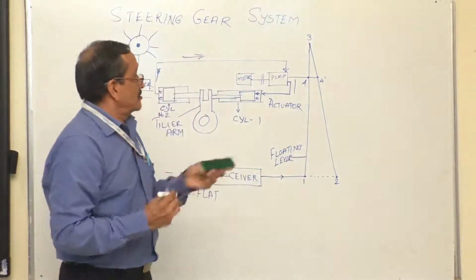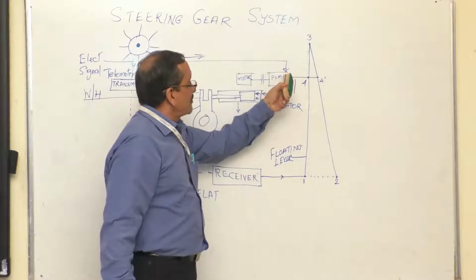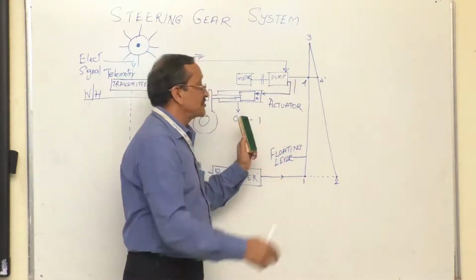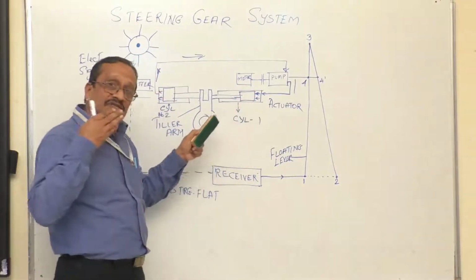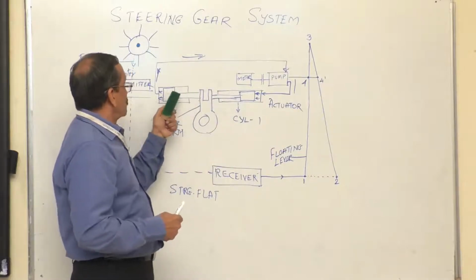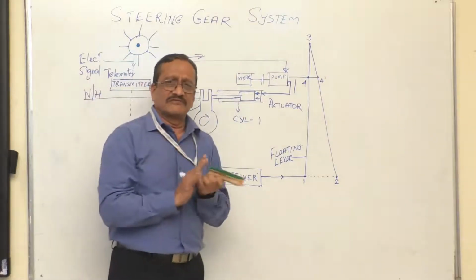Fine. So having understood this, that the oil is coming in from the pump because of the actuator being shifted from 4 to 4 dash, the oil is entering into the cylinder 1, pushing the ram, and finally this ram number 2 is also pushing the oil out. Now what really happens now?